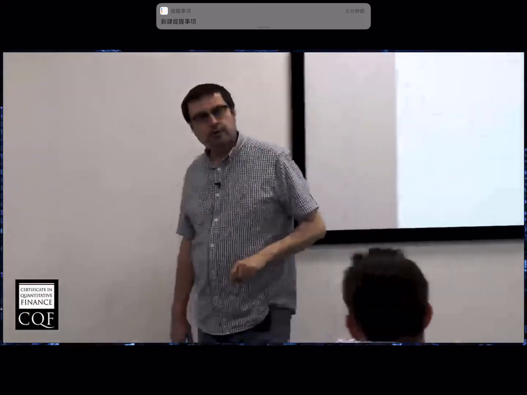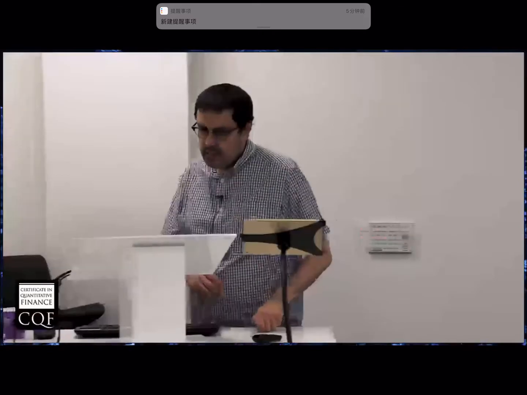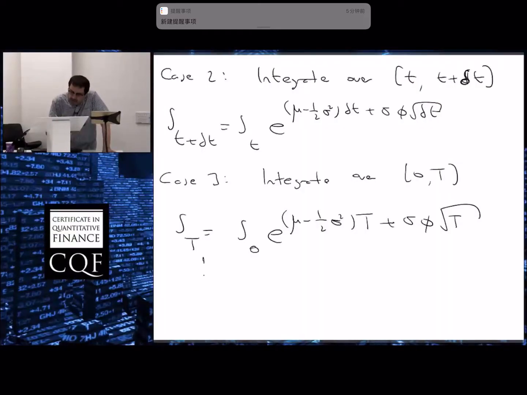So what you could do with this formula is generate a whole load of stock prices in the future, like this. So here's S naught, and here's S_T. So what you could do is one price there, another price there, another one there, and so on.